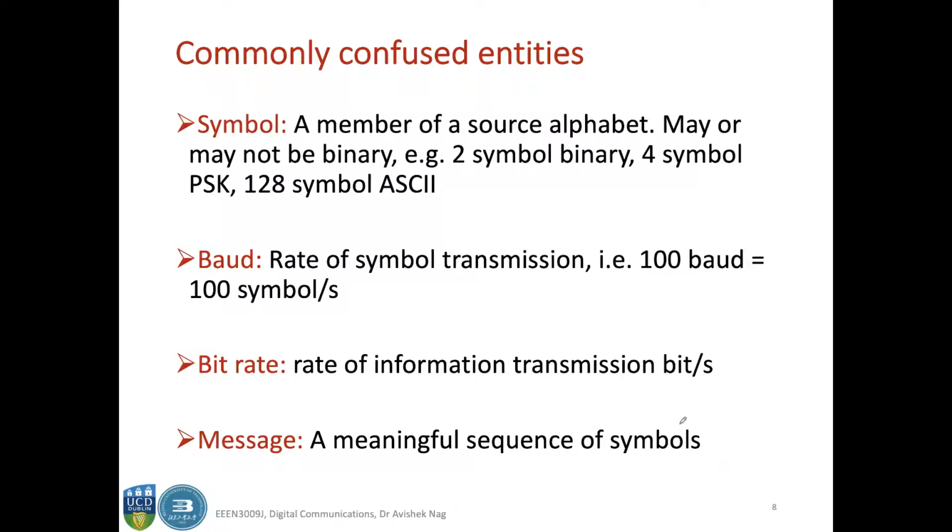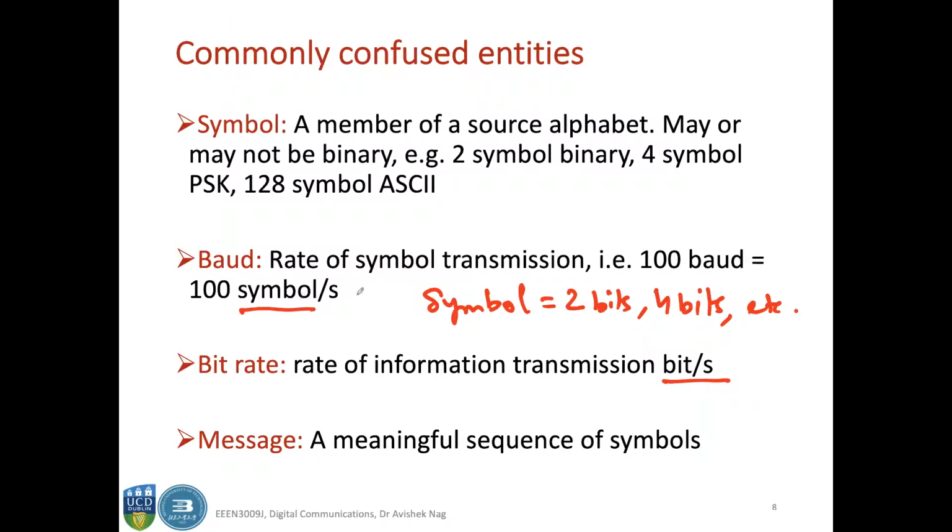So that means that 100 baud is equal to 100 symbols per second. This is the baud rate, and it is different from the bit rate, because bit rate is the rate of information transmission in bits per second. Depending on whether a symbol consists of 2 bits or 4 bits, etc., the bit rate will be different.